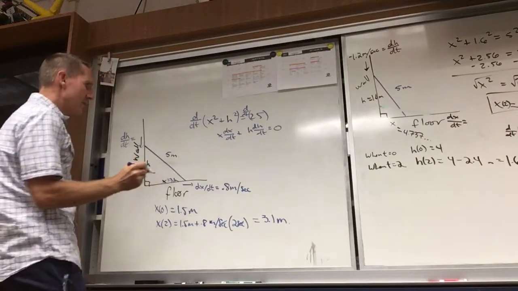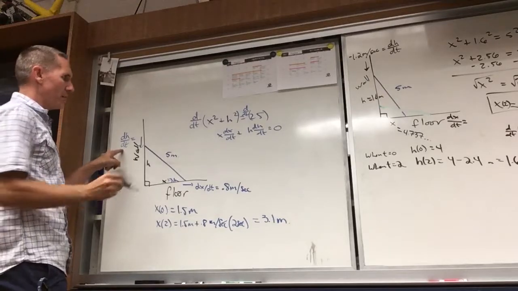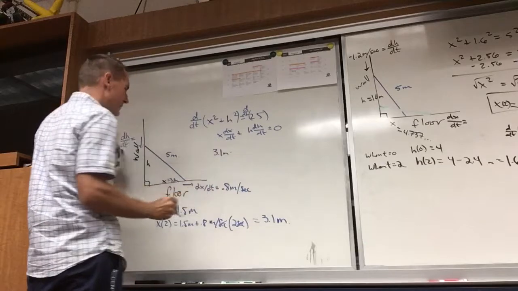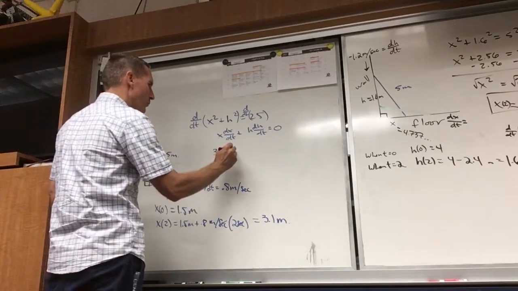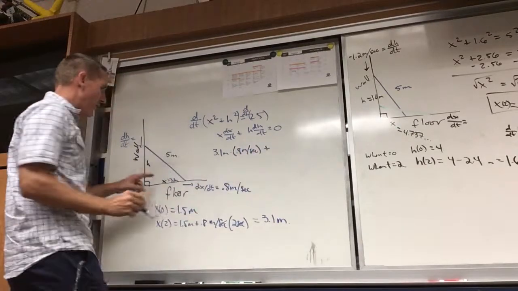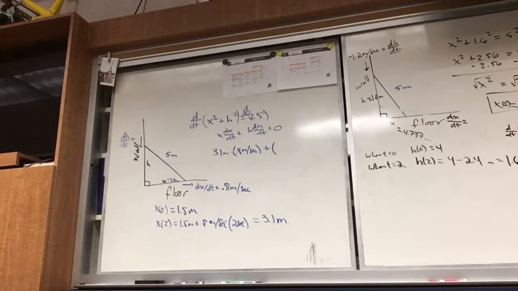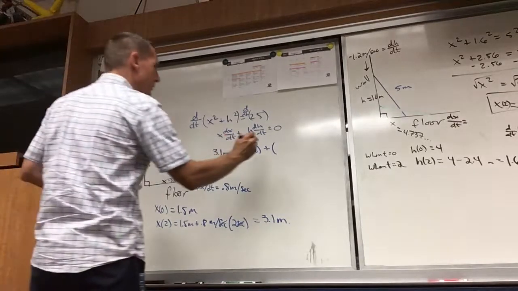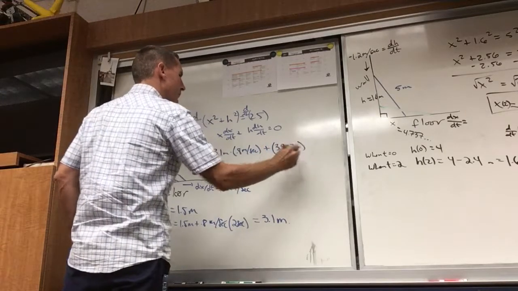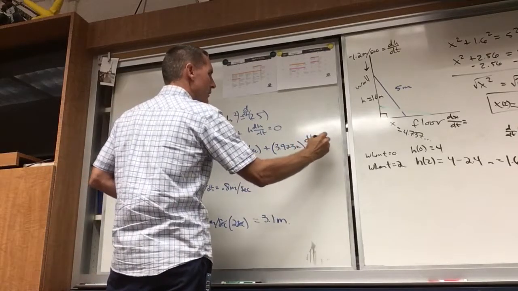I'm going to now replace all of the known values to find the unknown value. I know that x is 3.1 meters, so 3.1 meters times dx/dt, which is 0.8 meters per second, plus the h value, which is what I just got, 3.923 something, times dh/dt, which is my unknown, equals 0.